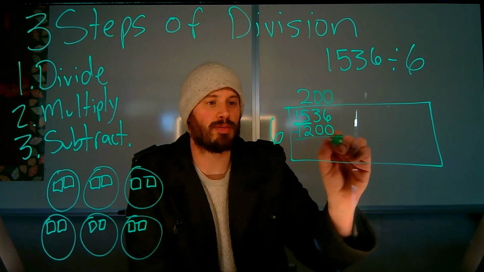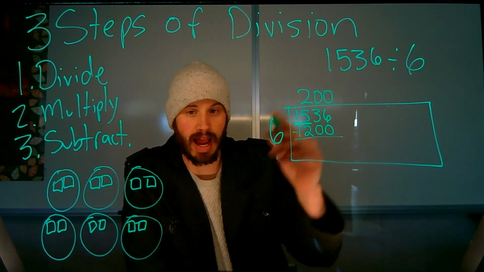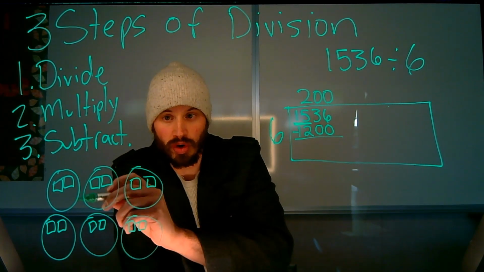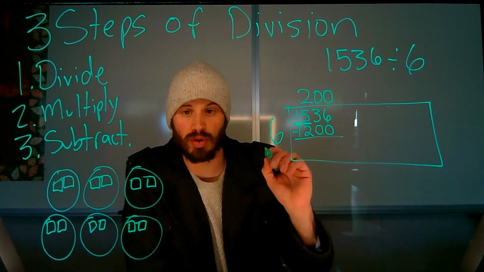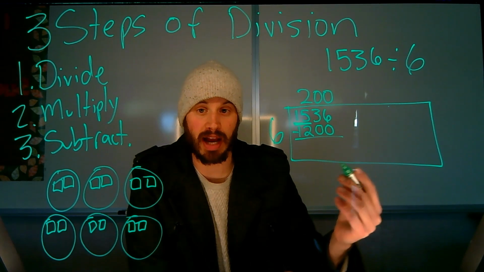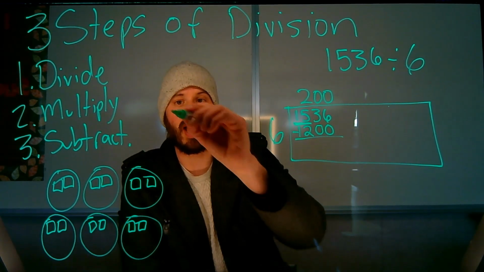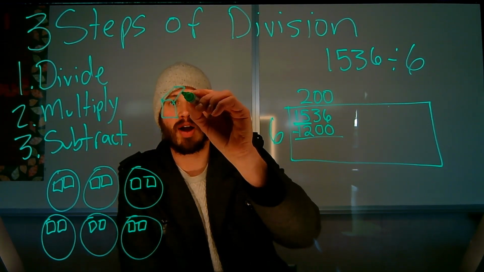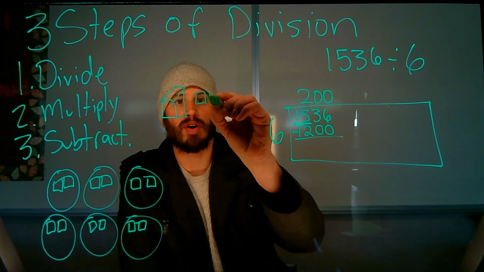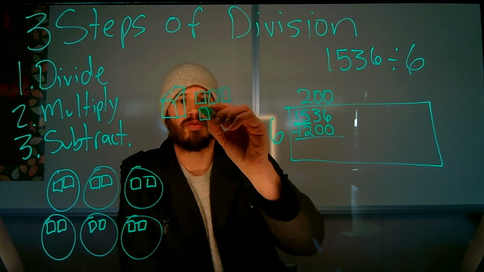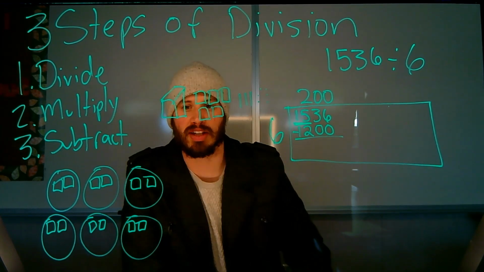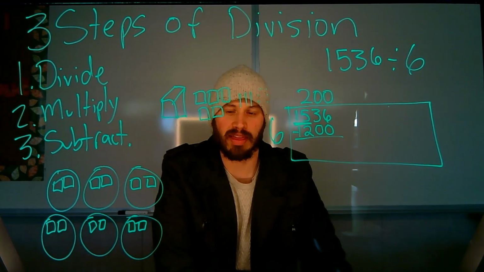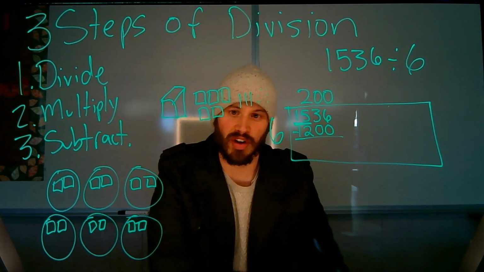And now I subtract. Why am I doing all of this? I multiplied to find the total number that I just divided and put into the groups. That was 1200. I now subtract because that's been divided, right? At one point, I started this problem. Here's a thousands cube. I started this number with 1,536.